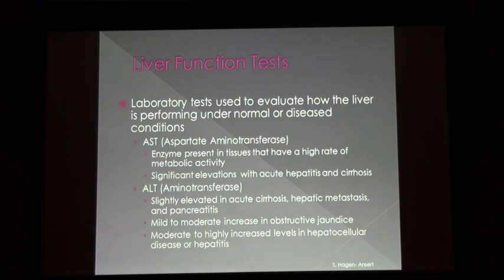It can be significantly elevated with acute hepatitis or cirrhosis. ALT is actually more specific towards liver function. Slightly elevated with acute cirrhosis, hepatic metastases, and pancreatitis. Mild to moderate increase with obstructive jaundice, and moderate to high increased levels with hepatocellular disease and hepatitis.